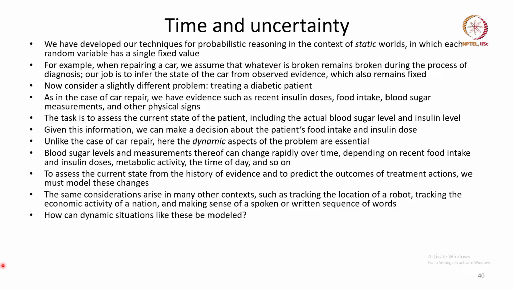And there are other such examples. For example, the location of a robot, which also keeps changing over time, and tracking the economic activity of a nation, where steps are being taken at every point in time to improve the economic activity, so you may find some changes in it. So it's a dynamic situation, and also making sense of a spoken or written sequence of words. So how do we model these dynamic situations? We need to see, because all we have done till now is the static situation.